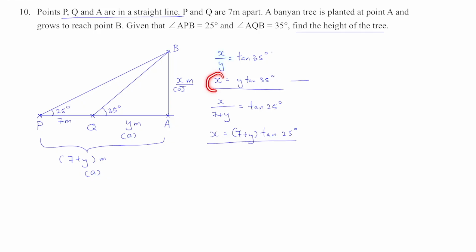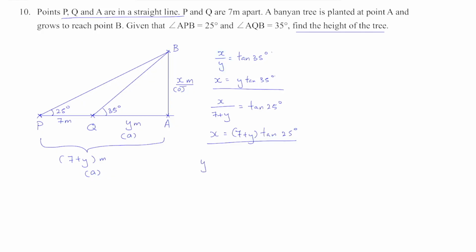Notice that this x and this x are the same, meaning that y tangent 35 degrees equals 7 plus y tangent 25 degrees. So we can equate them.